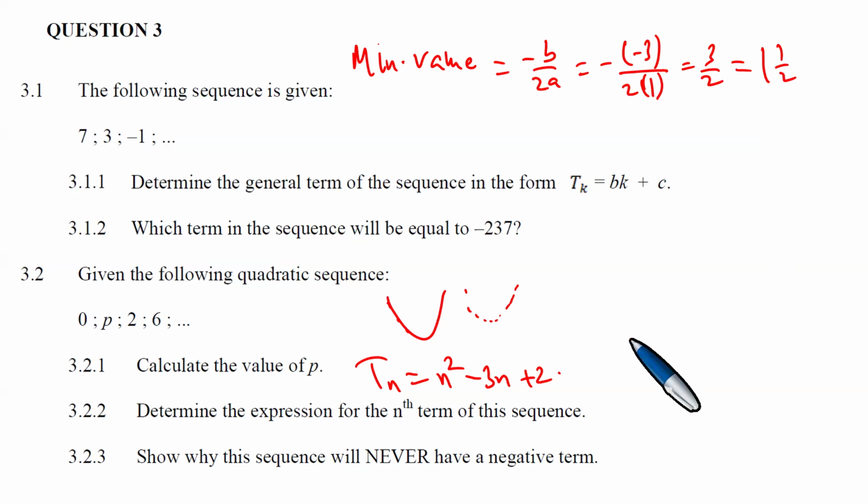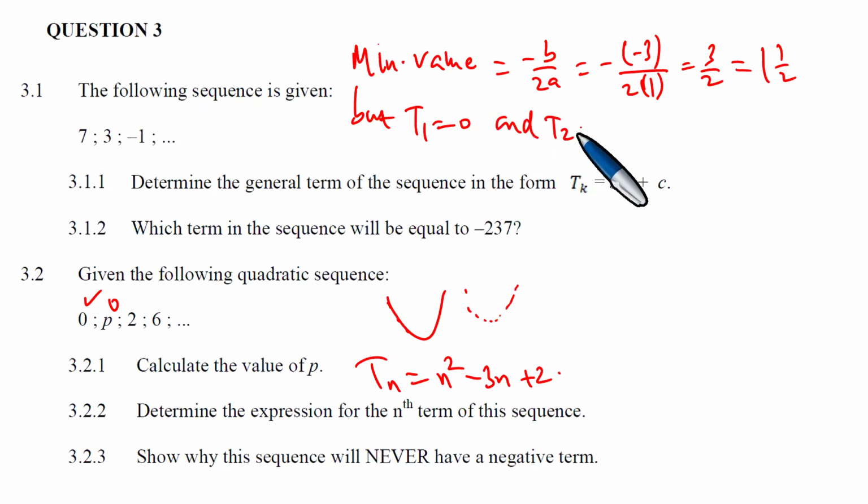Now, what is the meaning of this? It means that the minimum value is at this position. The first term is 0 here, and also we know that p is 0, and the second term is also 0.